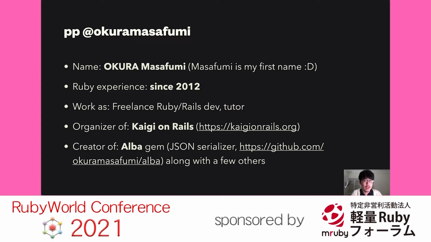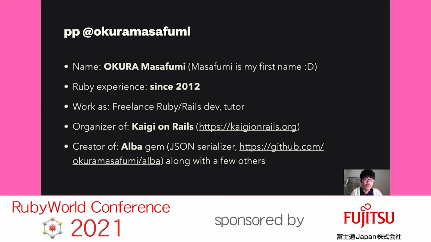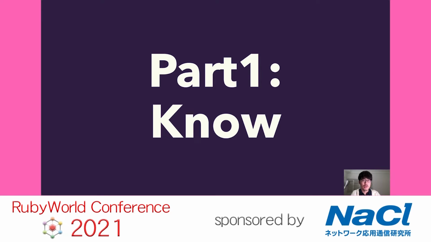I'm working as an organizer, and I also do some OSS work, like fixing typos, adding CI to other people's OSS, or adding badges. I also made the gem named Alba, a JSON serializer, and what I'm talking about now came from when I was creating Alba.